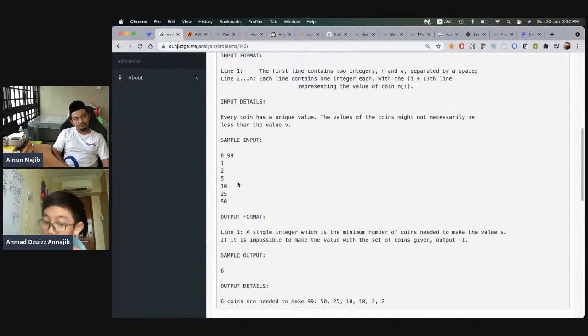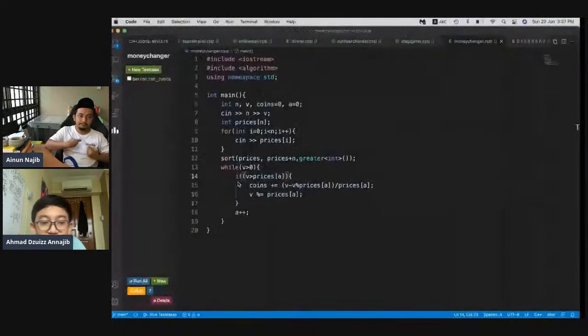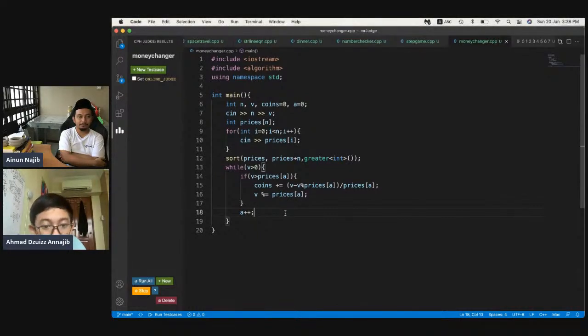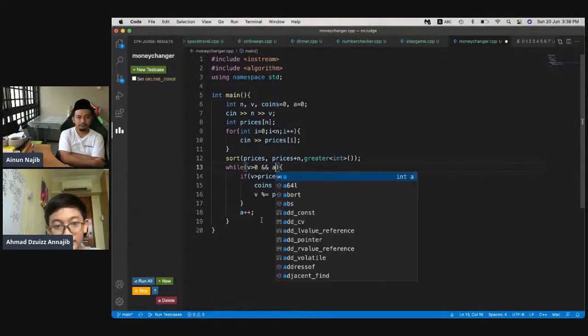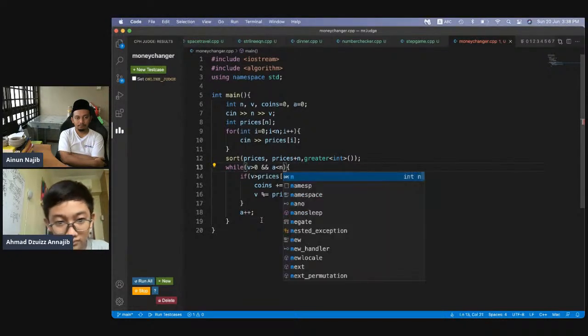In your current logic, what will happen if you are given an input like that? It will be out of bound. How do you make sure it's not out of bound? A smaller than n.